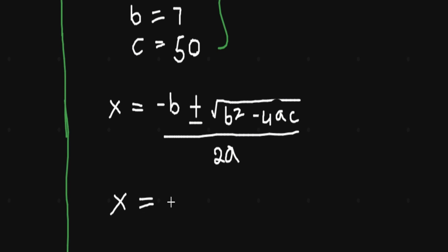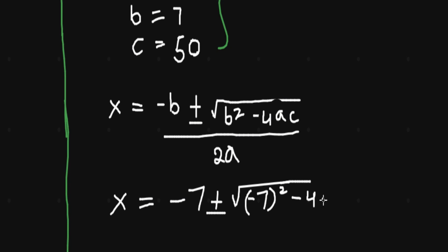minus b, which is minus 7 here, plus or minus the square root of b square, which is minus 7 whole square, minus 4 into a, which is 1, and c is 50.